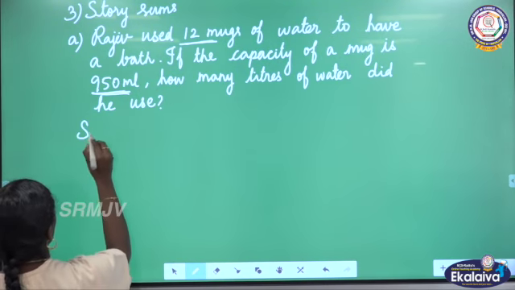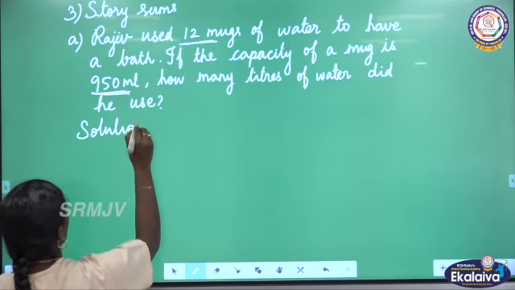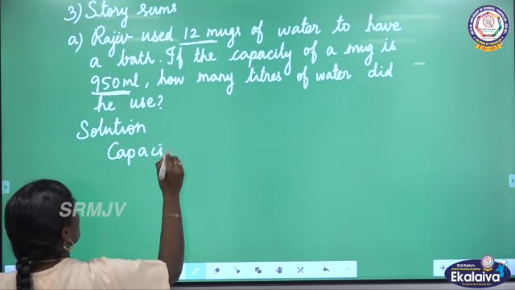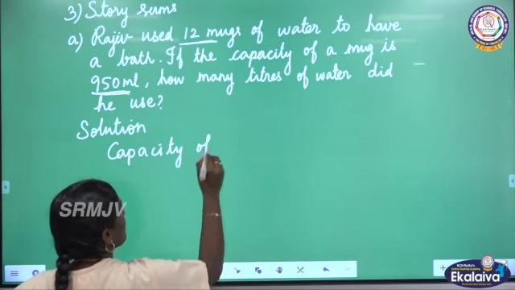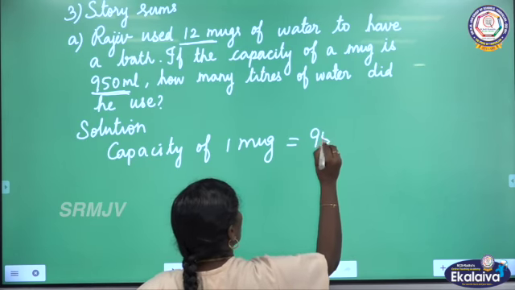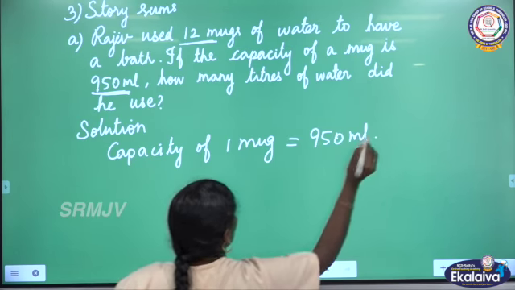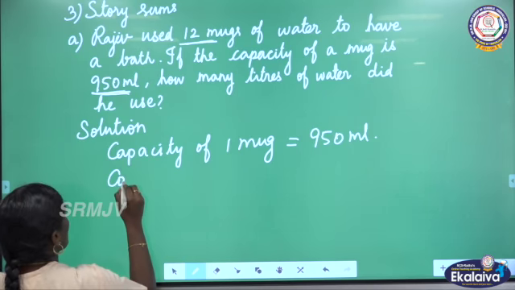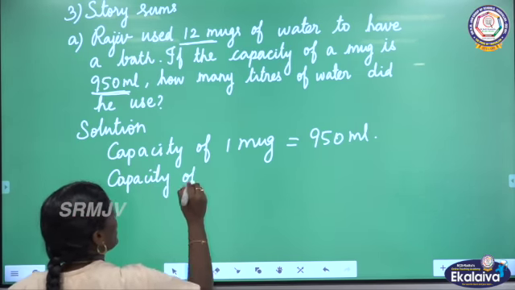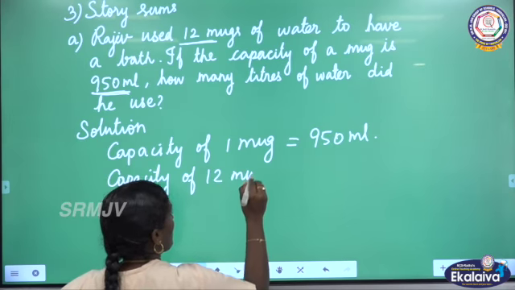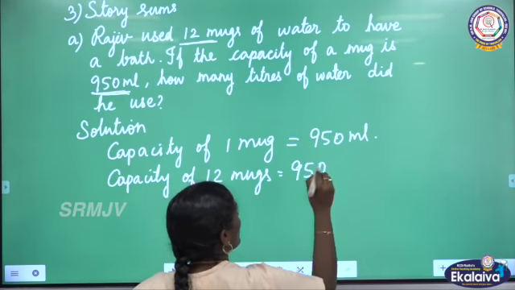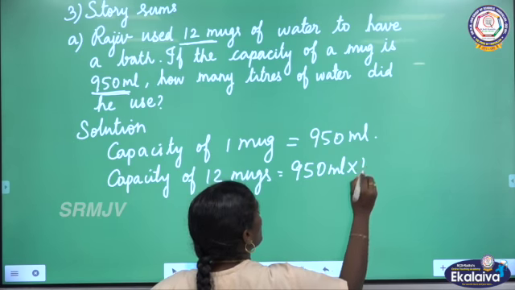Let us start the solution. Capacity of one mug is equal to 950 milliliter. Now we are going to find out the capacity of 12 mugs. We have to use multiplication, that is capacity of one mug into 12.